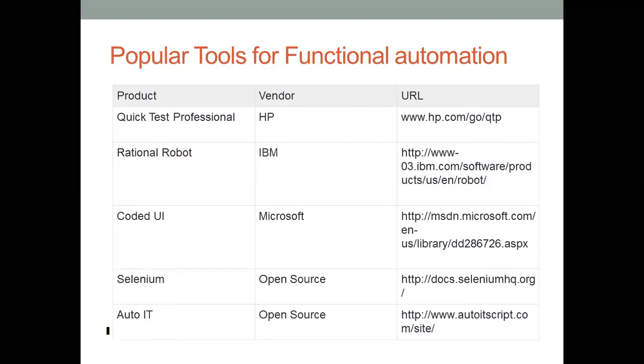then third, Microsoft Coded UI, and fourth is the very famous Selenium, which is used in industry worldwide. Why? Because it is open source, no need to pay anything to use it.